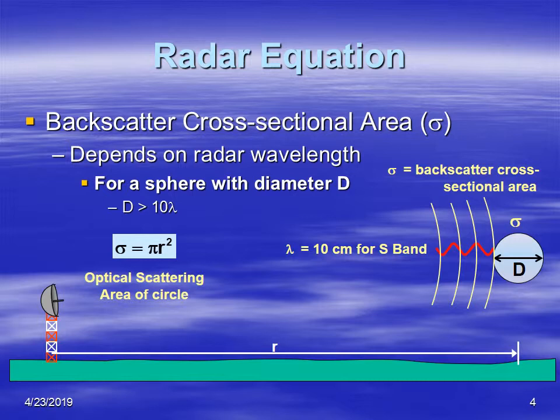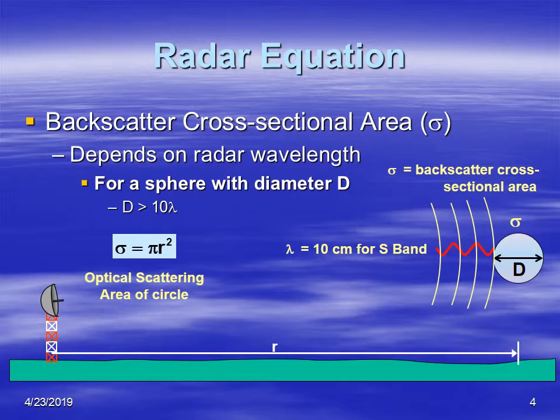Let's assume we have a basketball or something bigger, a beach ball, or for that matter, a bouncy ball, with a large diameter. Our National Weather Service radars operate at 10 centimeters. If the diameter of our target is bigger than 10 times the wavelength, then we're in the optical scattering regime.